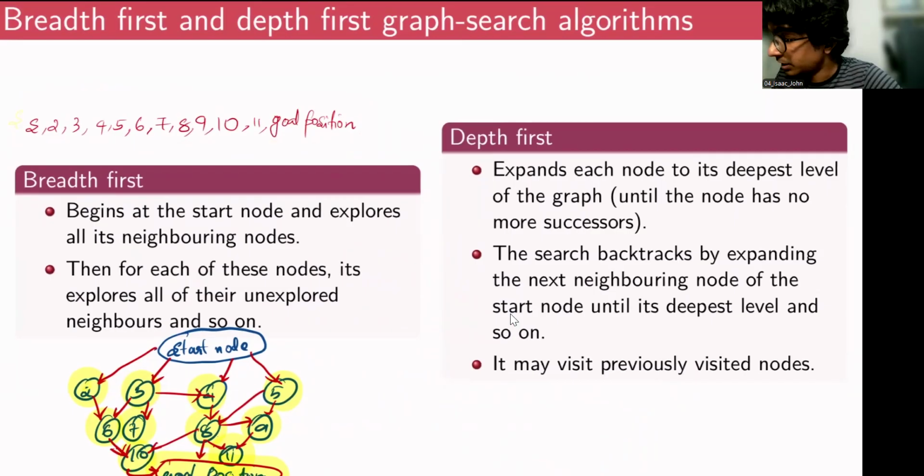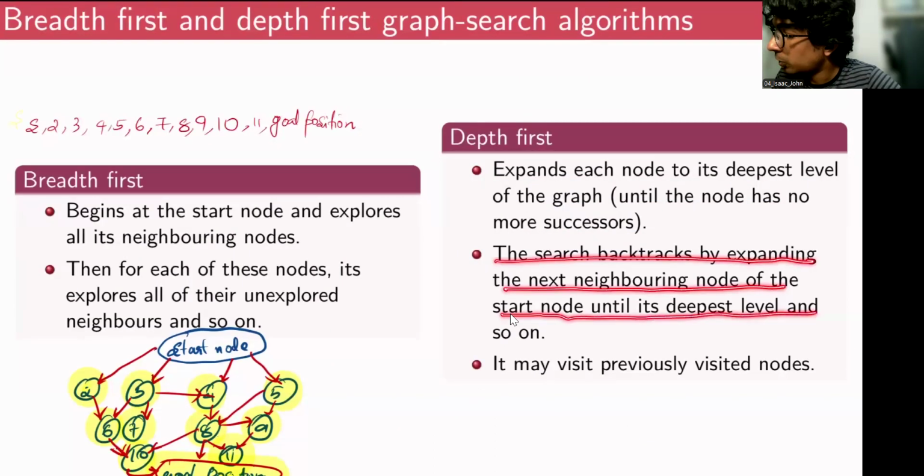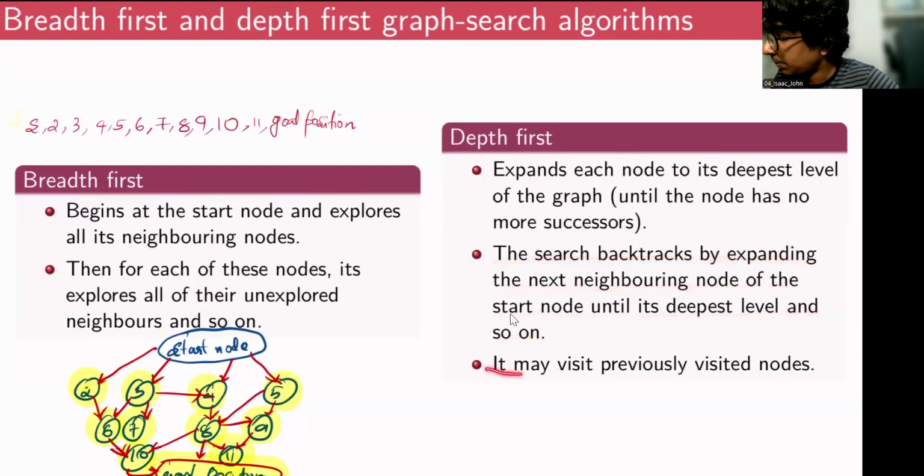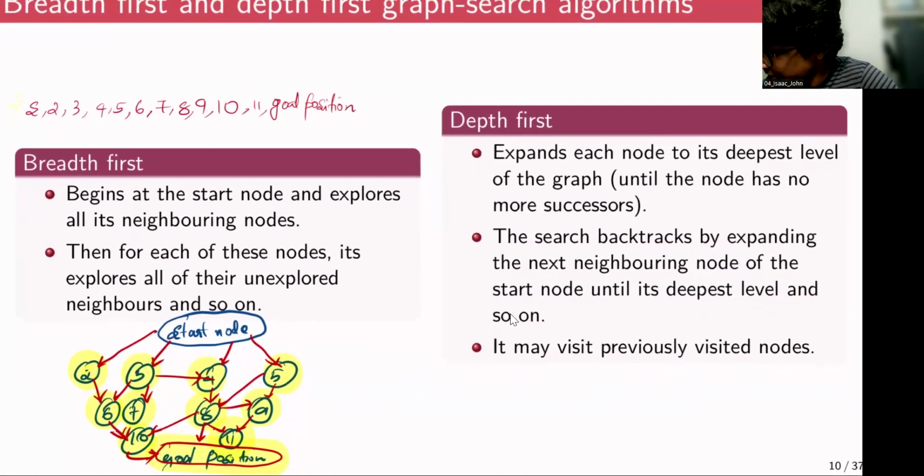In depth first, it expands each node to its deepest level of the graph until the node has no more successors, right? Then the search backtracks by expanding the next neighboring node of the start node until its deepest node, and so on. It may visit previously visited nodes as a part of its backtracking.